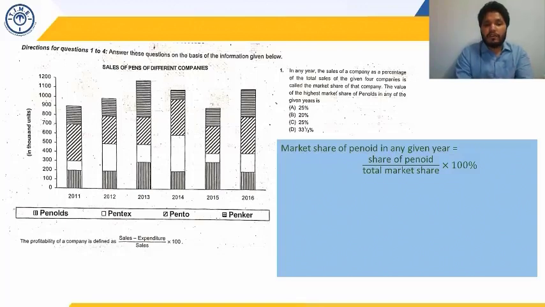In 2011, 12, 14 and 16, in these 4 years, denominator is minimum for which year? 2011.